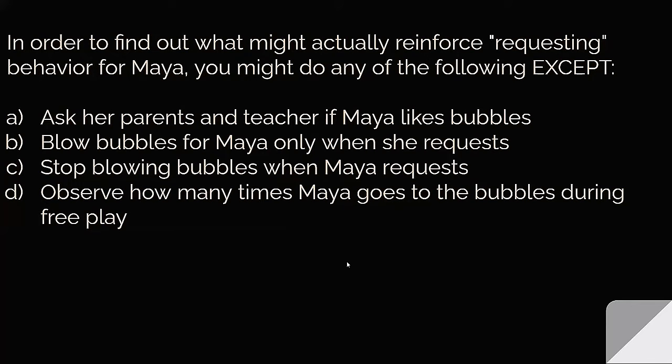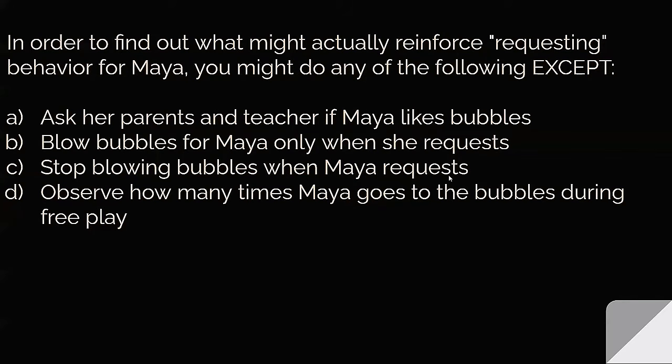Somebody's asking why not C? Because I know I wrote it, but it isn't clear whether we're stopping blowing bubbles when she requests us to stop. Because if she does, then that's reinforcing her behavior.